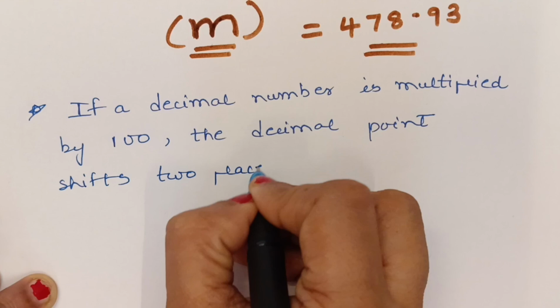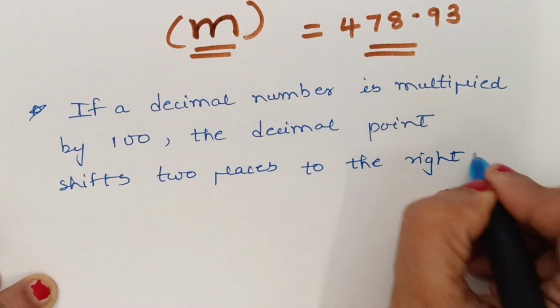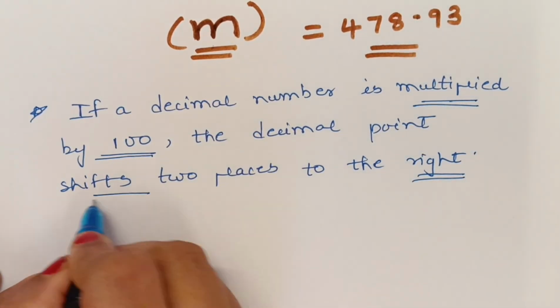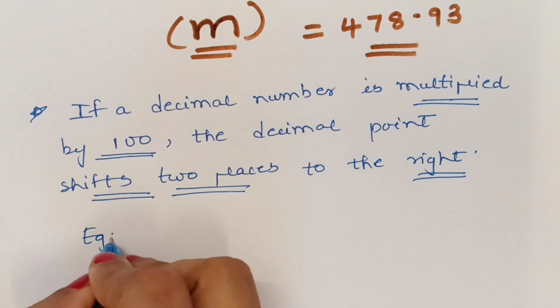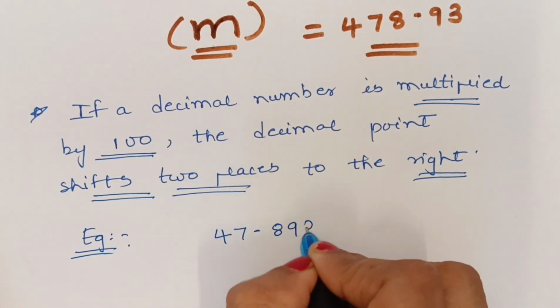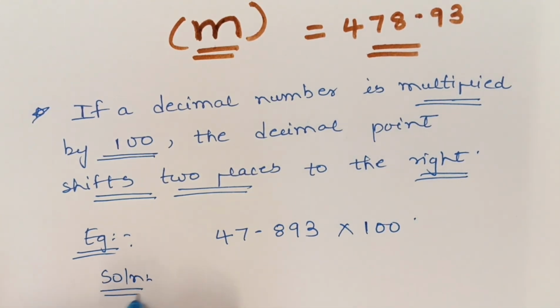How many places? Two places to the right, not to the left, to the right. If it is multiplied by 100, you have to shift how many places? Two places. Let's see one example. The question says 47.893 into 100. Now how to solve? Let's see. Just note down the question.